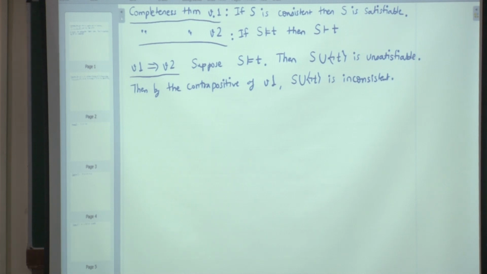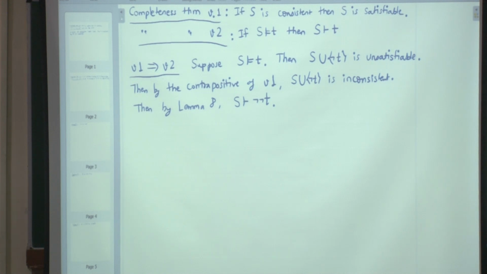And then, this proves negation of negation T. Then by the lemma, there is a proof of double negation T, and then what do we use?